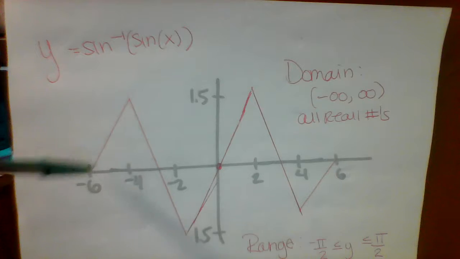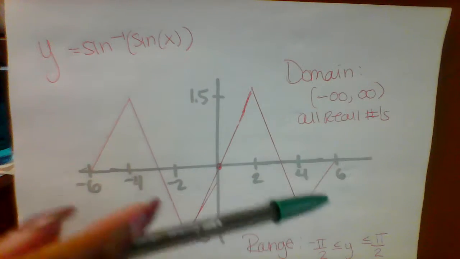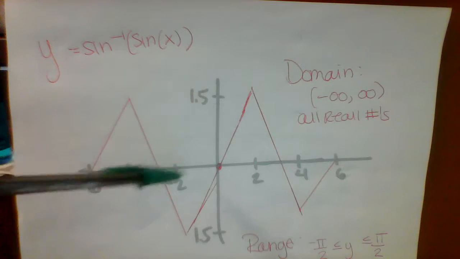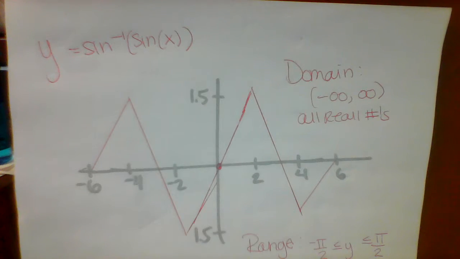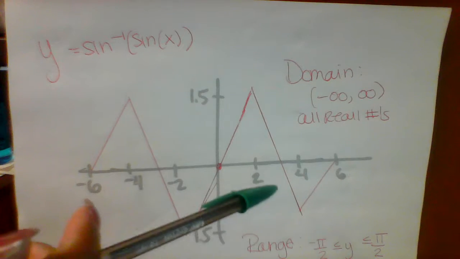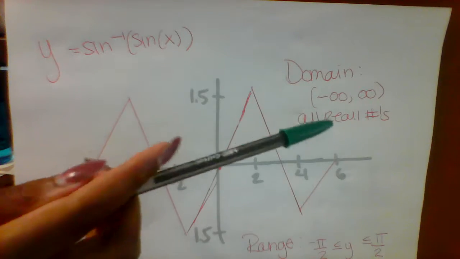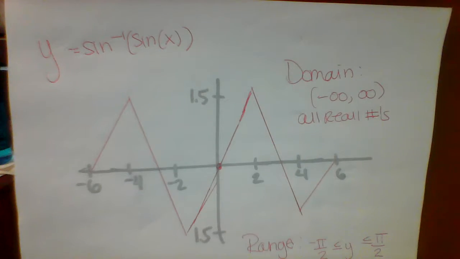The graph goes increasing, decreasing, increasing, decreasing, increasing, crosses through the middle, and of course we'd assume that if the number line were longer, it'd continue the exact same pattern. For this reason, we can say the domain is negative infinity to positive infinity, or in other words, all real numbers. But the range here is different.